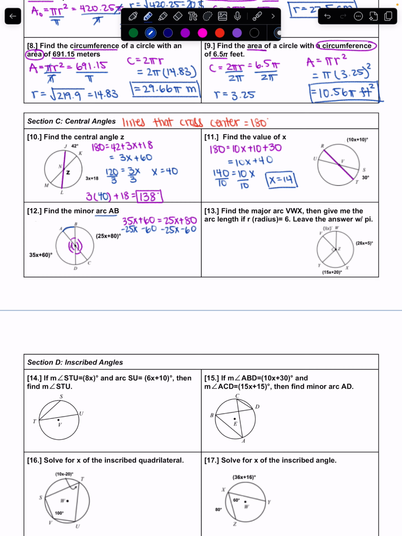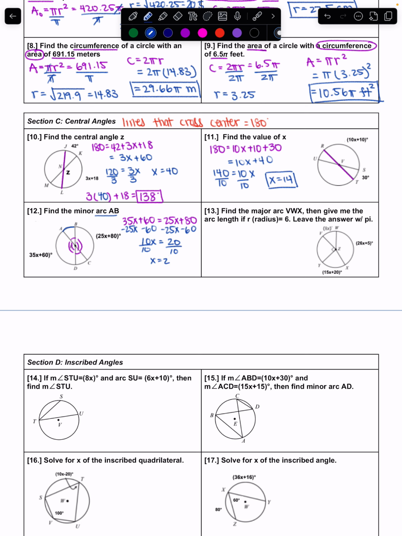Okay, so we're going to be left with, let's see, 10x is equal to 20. And then we're going to divide both sides by 10. And we get x equals 2.